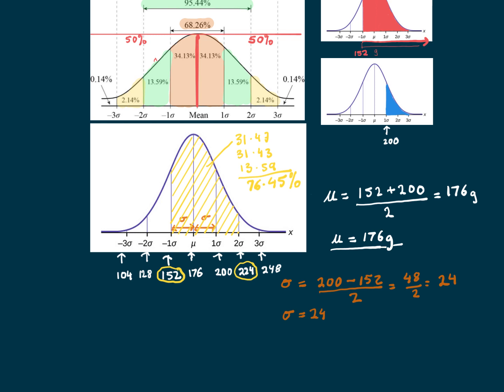So around 77 oranges will weigh between 152 grams and 224 grams.